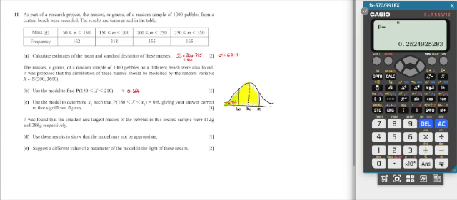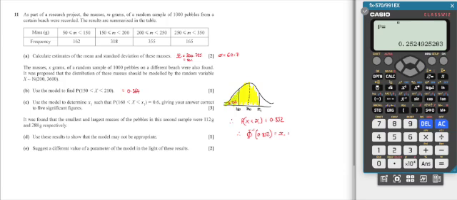that whole area, therefore the probability that x is less than x1 is 0.852. So I'm going to do the inverse normal of 0.852, and that's going to give me x1.